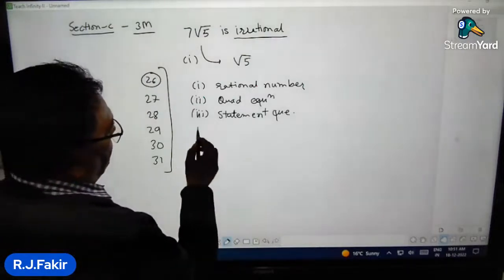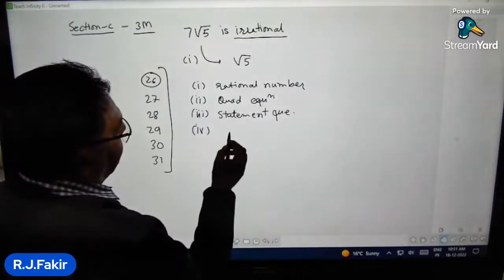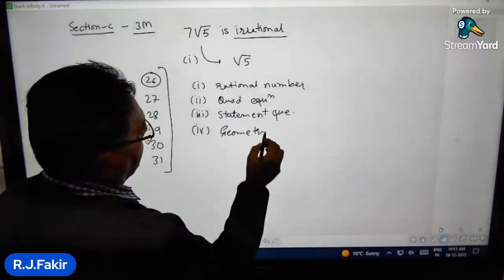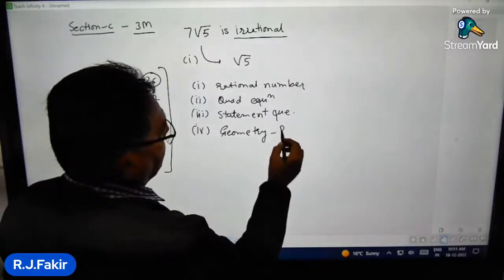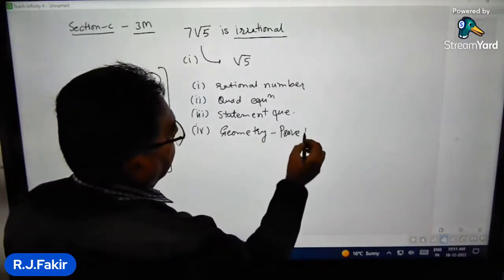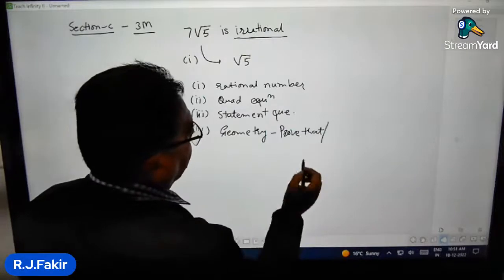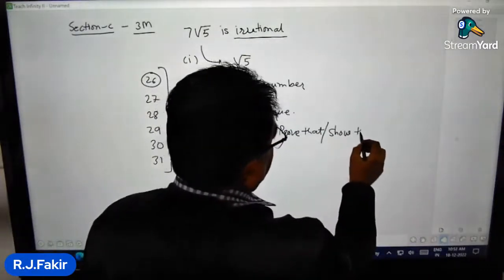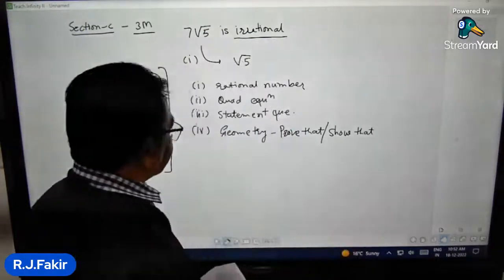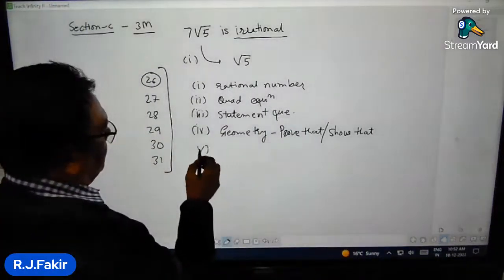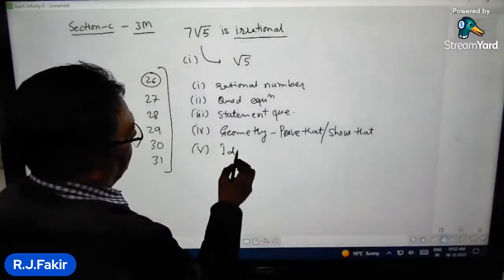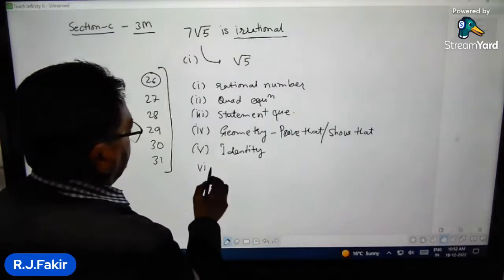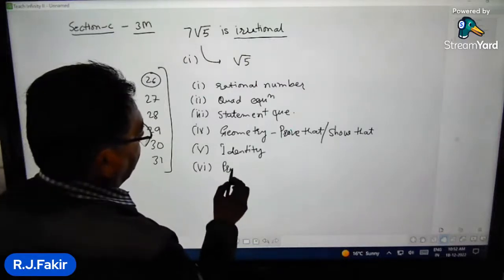One question will be from geometry, that will be of prove that type. Generally, the questions you can find in the NCERT book, which are prove that or show that type of questions. Fifth one will be an identity to prove, and the sixth one will be from probability.